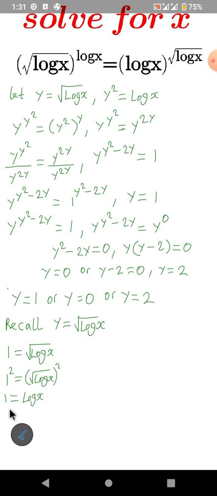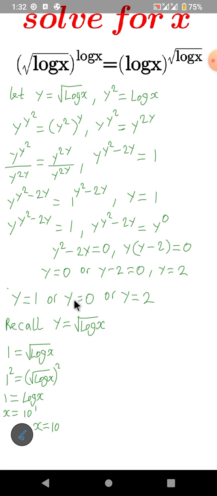Then from here, according to the law of logarithm, I'm going to say that x is equal to 10, since here is base 10, 10 raised to the power of 1. So from here now, I can say that what? x is equal to 10. So this x is equal to 10 is gotten when y is equal to 1.